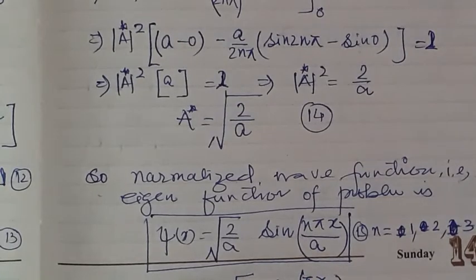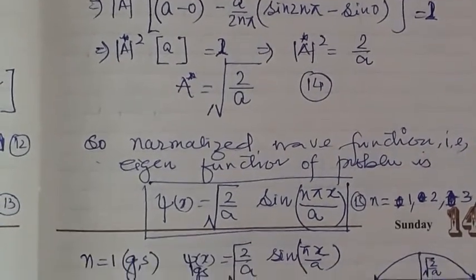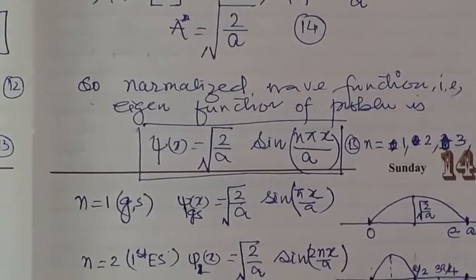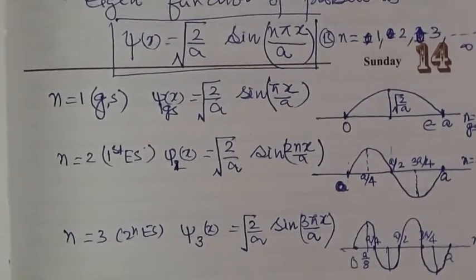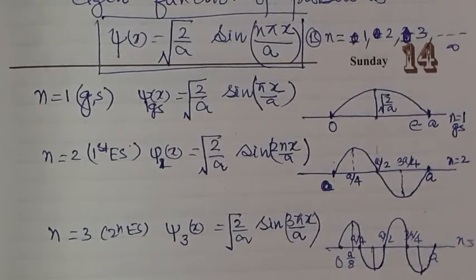Let's plot this function for the different possible states. First is n equal to 1, that is the ground state; n equal to 2 is called the first excited state; and n equal to 3 is called the second excited state. As you substitute the value of n, you will have the function representation.